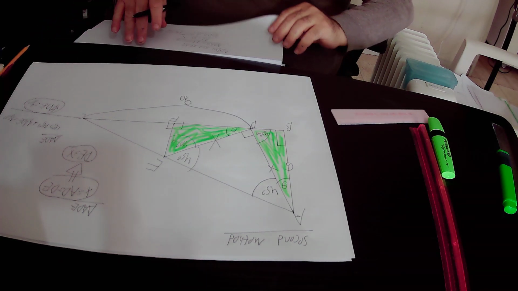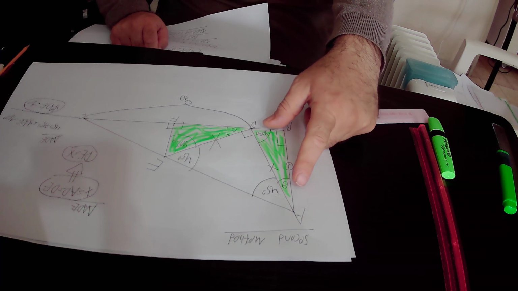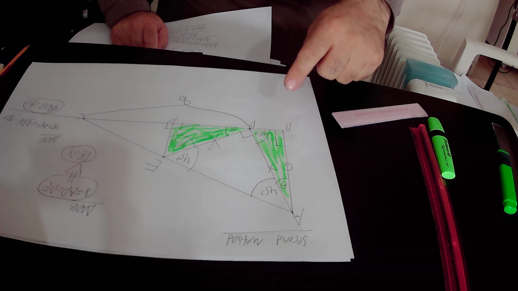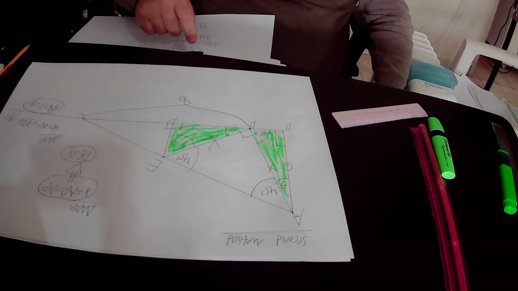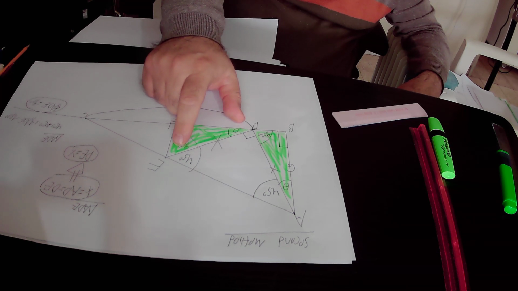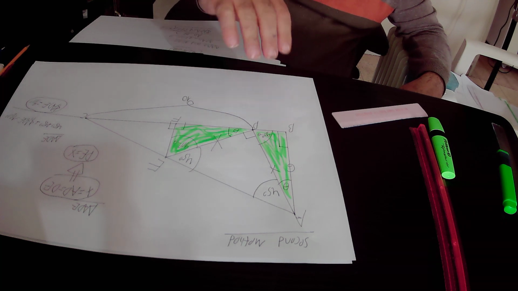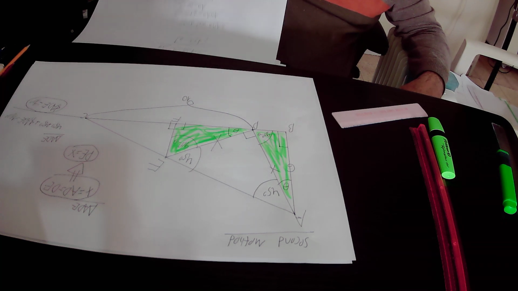Here, those two angles and the side that is between them correspondingly can go to those two angles and the side that is included between those two angles in this right-hand triangle. Therefore, those two triangles can go to each other according to angle side angle rule. So I write it down.